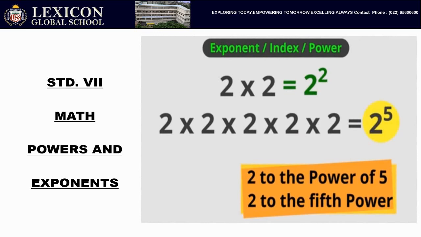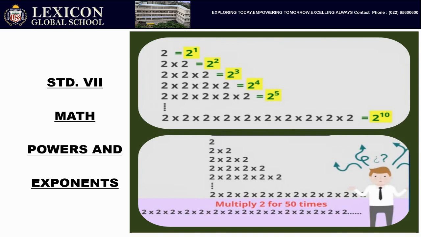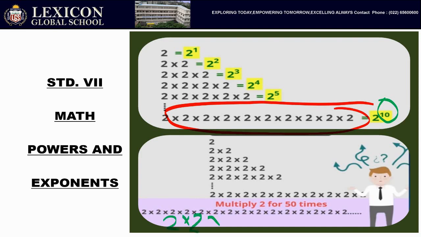See here, it is 2 into 2 into 2 into 2 into 2, that is 2 to the power of 5. Children, let's have a look at these numbers. At the end, you can see that 2 is multiplied how many times? It is multiplied 10 times. But imagine writing 2 into 2 into 2 into 2 into 2 fifty times.